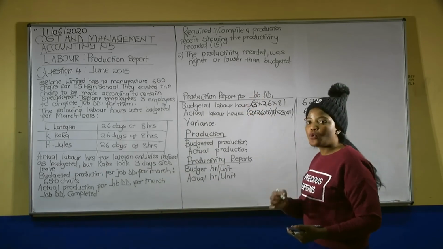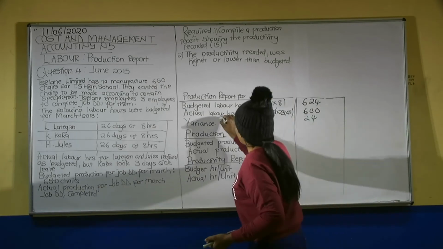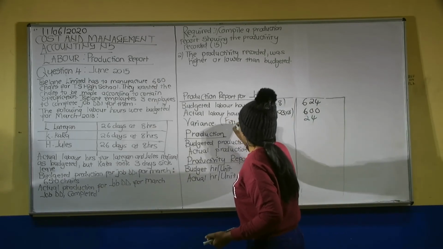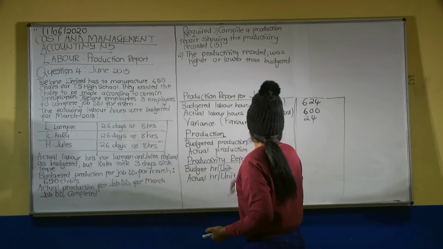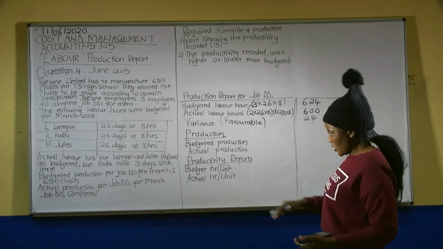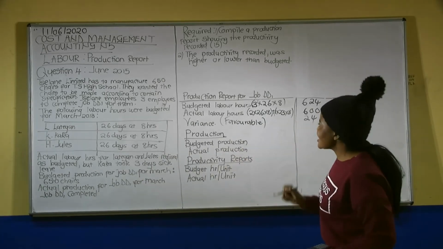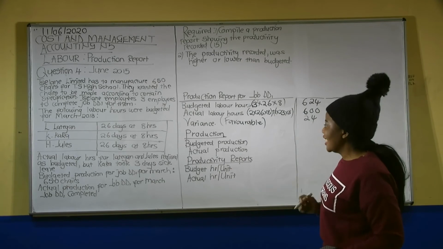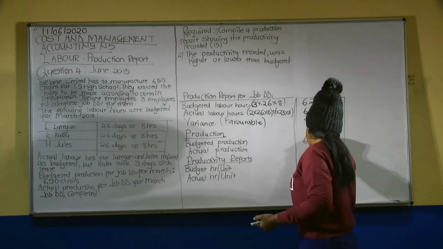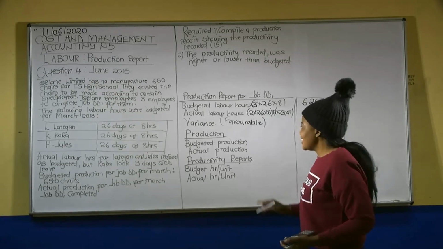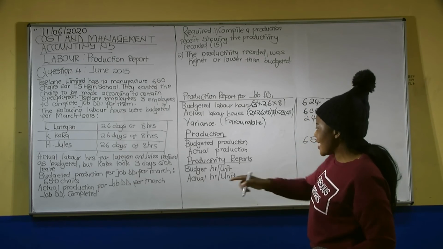They managed to work fewer hours. Are we together? So it's favorable. Then let's proceed to production. Budgeted production: what did this company budget to produce? It budgeted to produce 650 chairs. But in actual fact, how much did they produce?